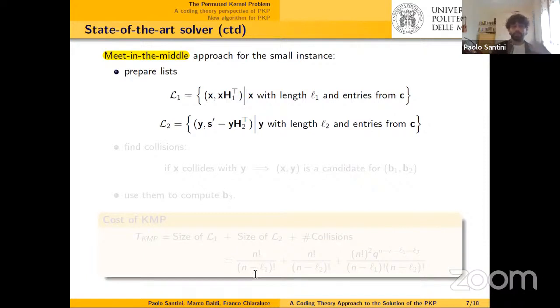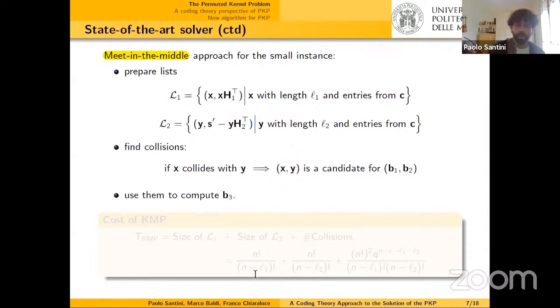So what you do is that you prepare two lists, L1 and L2, and then you search for collisions. Each list is populated using entries coming from the given vector C. To find collisions, clearly, we use an efficient approach, for instance, sorting plus binary search. And once we have the solutions, we use each solution to test B3.